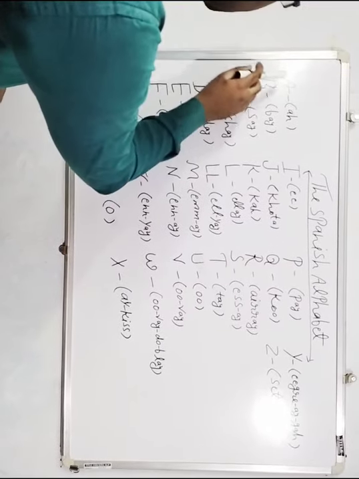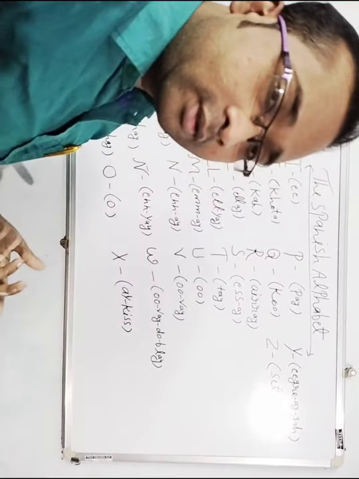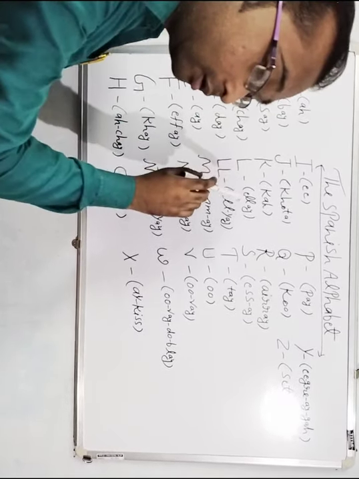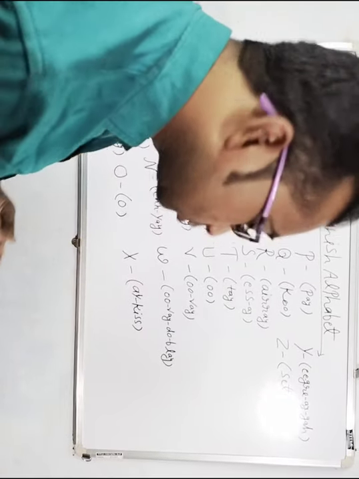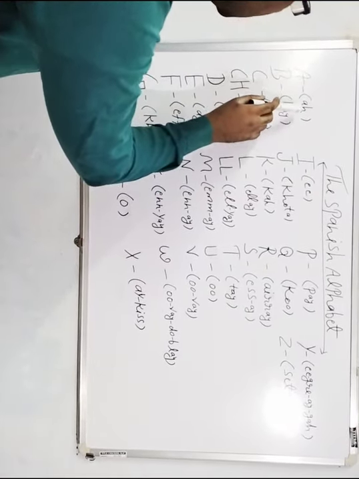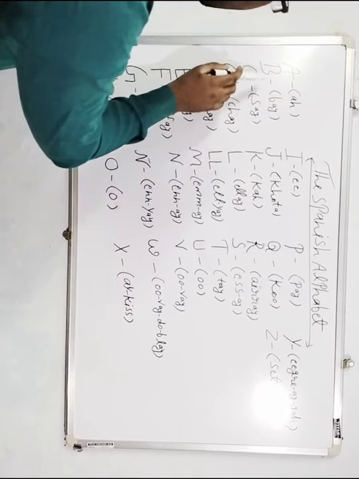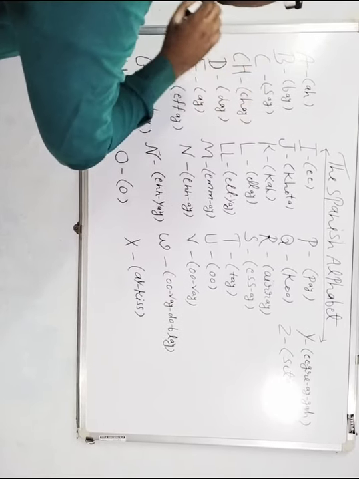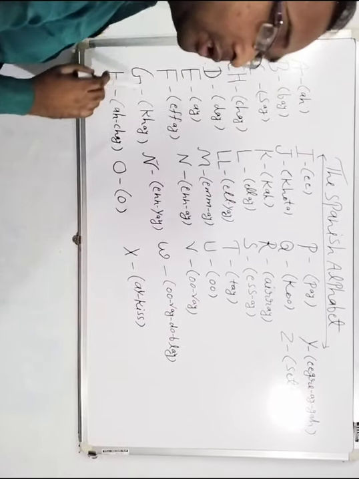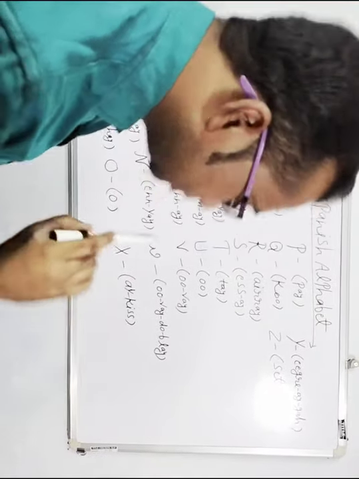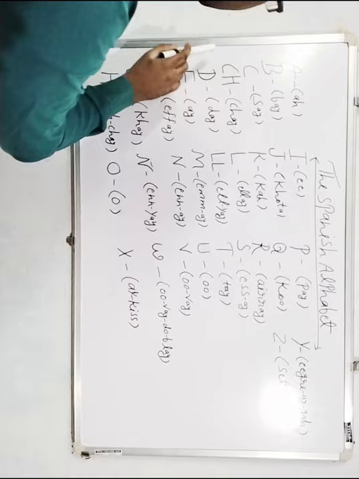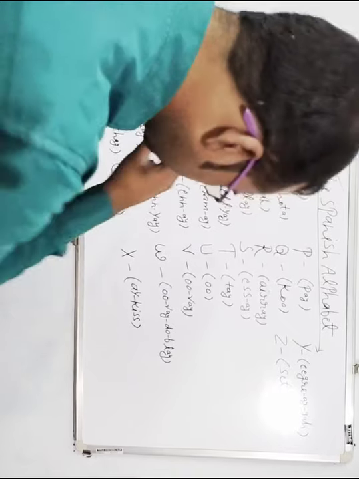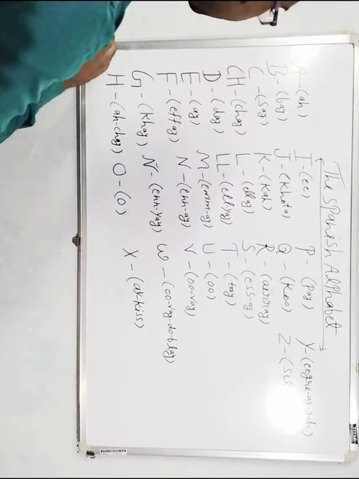This is written A, but in English language, A is pronounced in Spanish language A. Are you getting what I am saying to you? And next, B. B is pronounced in Spanish language B. Next, C. C is pronounced in Spanish language C. And CH.